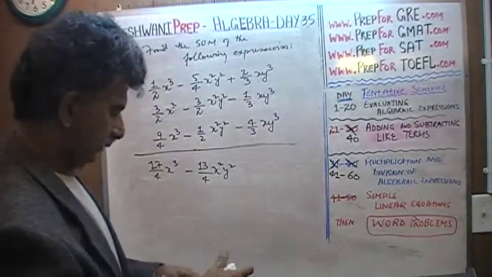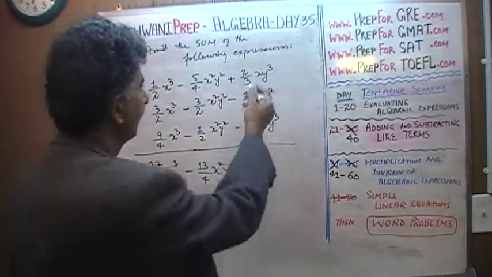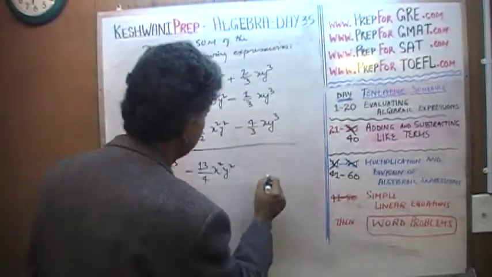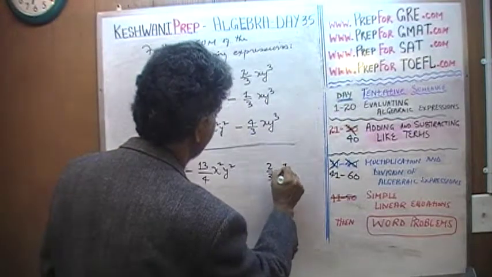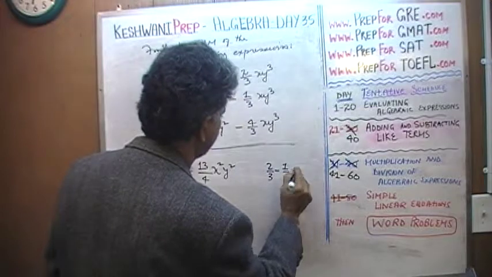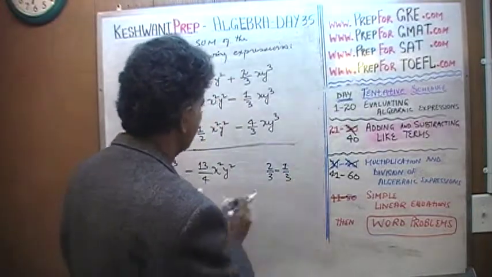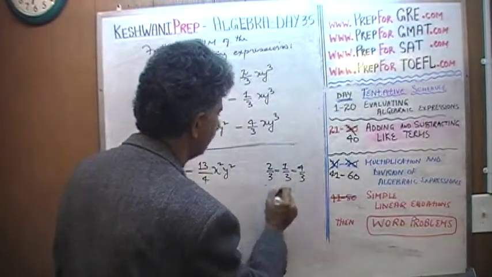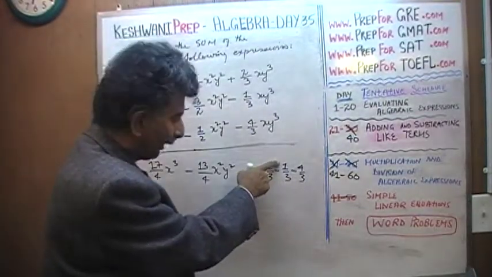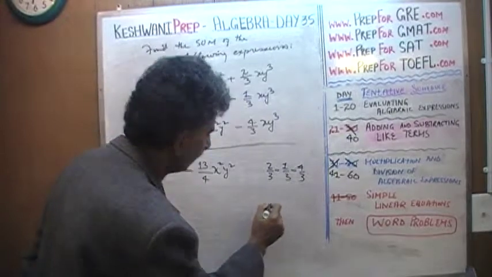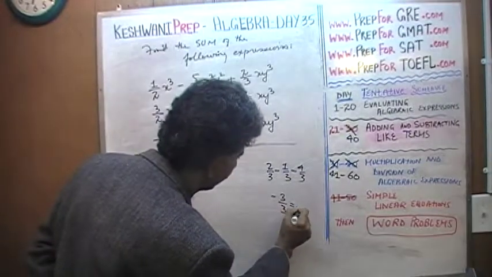Now we have to figure out the coefficient of x times y cubed, which is very easy because they are all thirds. 2/3 minus a third minus 4/3. Well, they are all thirds, so 2 minus 1 is 1, 1 minus 4 is -3. So it's -3/3, which is the same as -1.